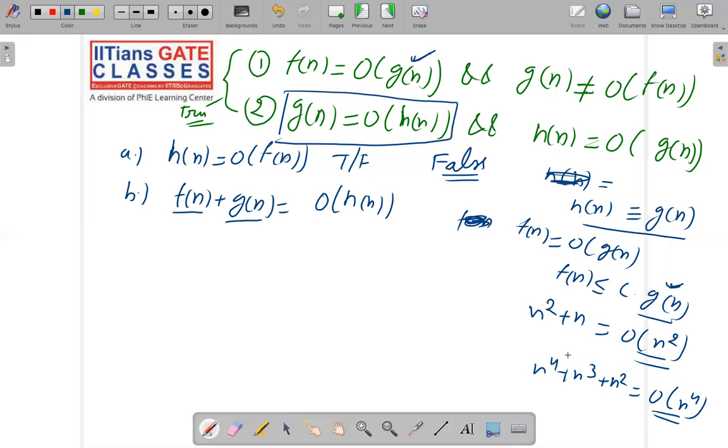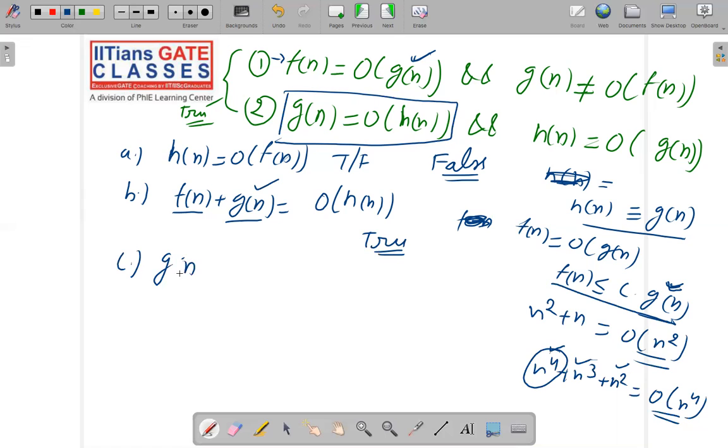So in case of multiple terms, the most weighted term will be considered for asymptotic notation. Here the most weighted term is Gn. Using this reference, you can say that Fn is less than Cgn. So Cgn is more weighted compared to Fn, and Gn is equal to order of Hn. So this is true.